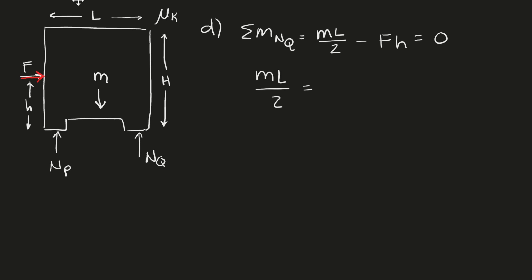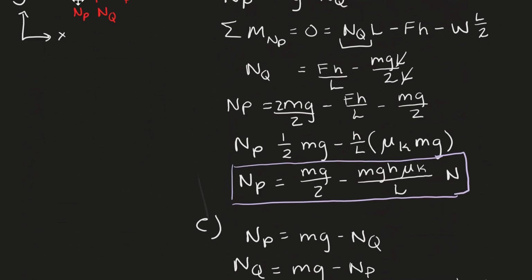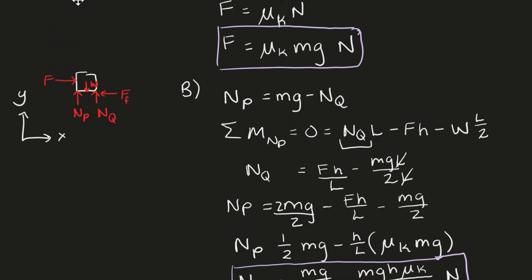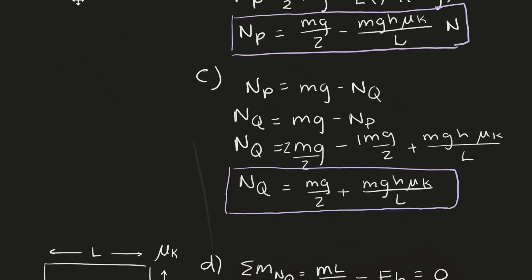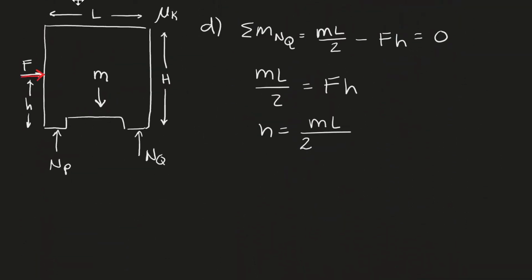So force, I'll just go ahead and write force and height. And then when I solve for height, I get mL over 2 times the force. And I think we will rightfully recall we solved for force in this first part, and it was mu k mg. So 2 mu k mg, like that.